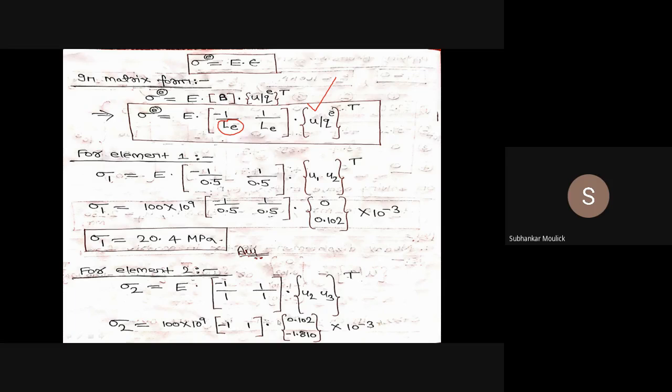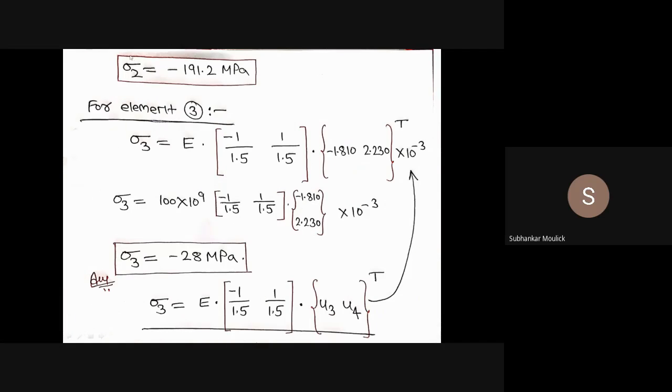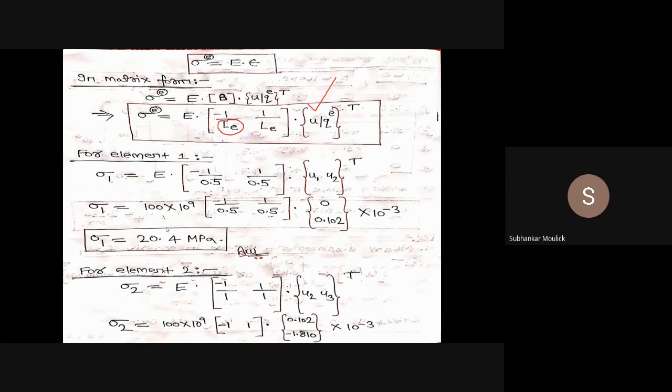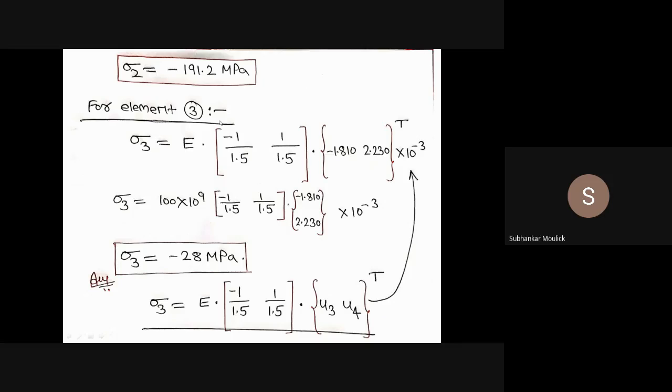Just solve this matrix equation, and you will get the stress present in the second element, which is minus 191.2 megapascal. What does this minus sign indicate? It indicates that the stress present in the second element is compressive in nature, and the plus sign in the first element indicates that the stress there is tensile in nature. In a similar fashion, you can calculate the stress present in the third element.